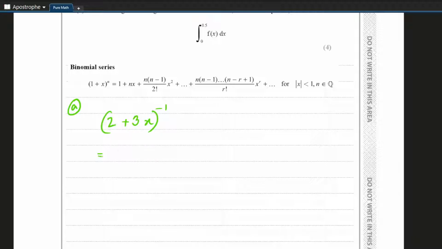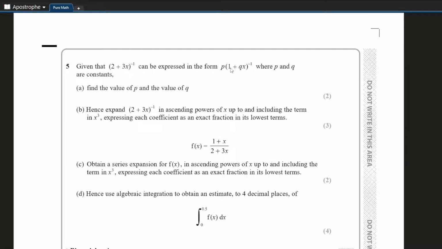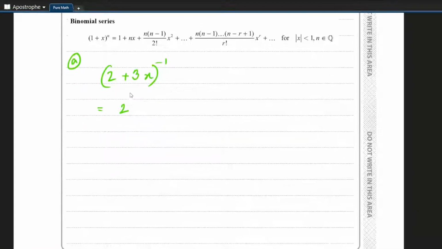Now we have to convert this so that there's only 1. In order to make this 2 into 1, we have to take 2 from both the terms. So I'm taking 2 as common. This becomes 3 over 2x, and then the whole thing is to the power minus 1.